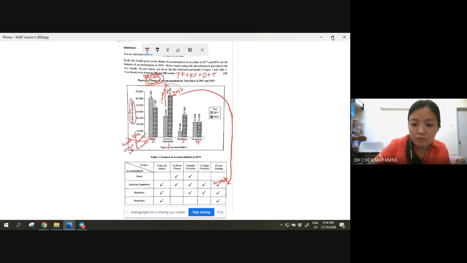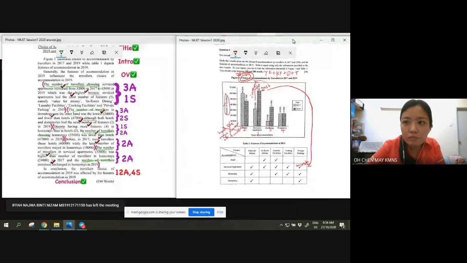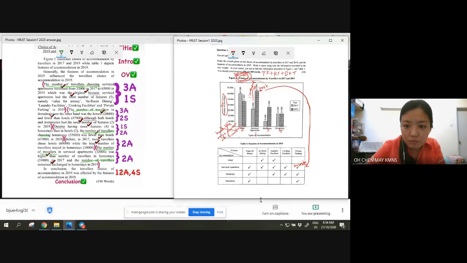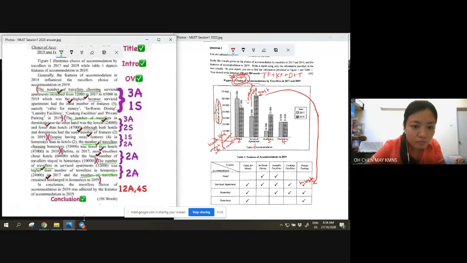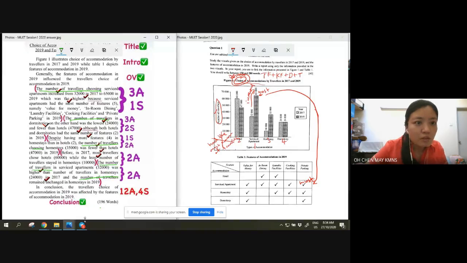Yeah, let me just use the mouse. Okay, so the number of travelers choosing service apartments increased.